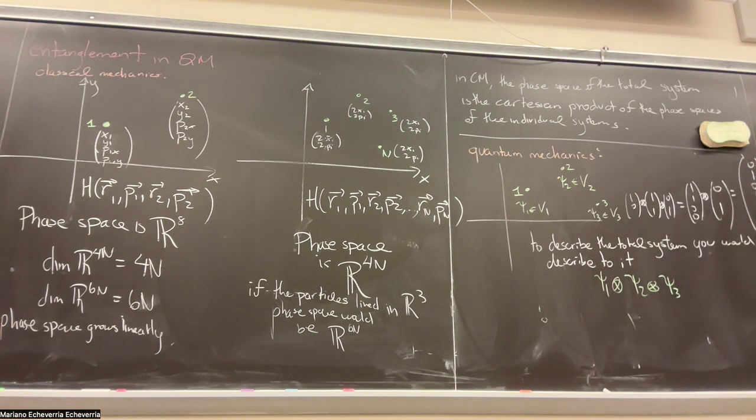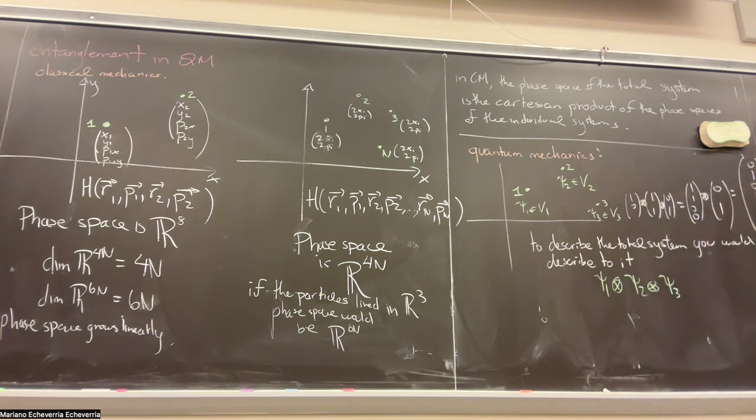Okay, so already here you can see that there's a difference, because this is growing multiplicatively. The output vector that you end up with has a number of entries equal to the product of the individual entries.